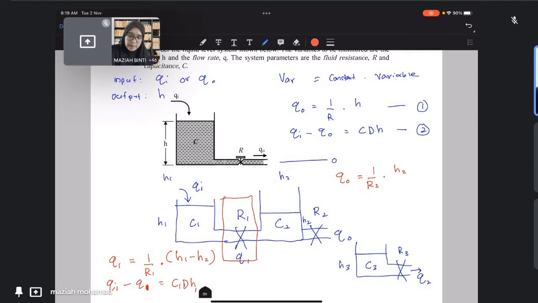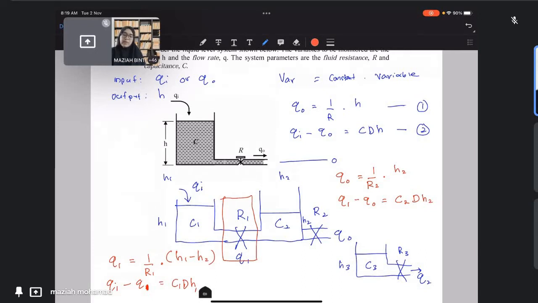So the input flow rate to tank number 2 is Q1, and the output flow rate is Q out, equal to C2 dH2. So that will be the second equation for tank number 2.